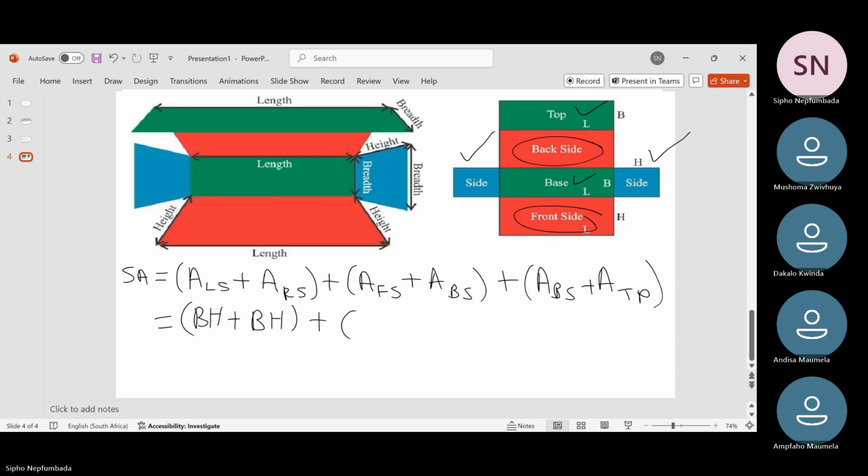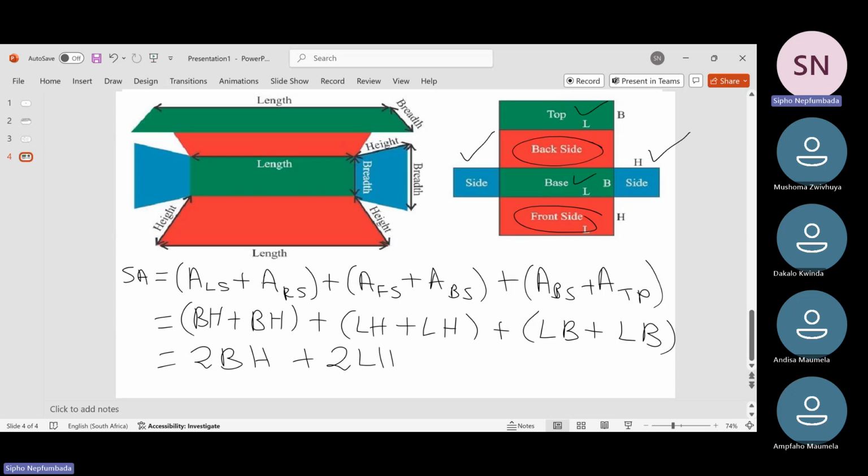The area of the front side is L times H. Plus again L times H. Then plus the back side, L times B. Plus L times B. Then in mathematics this is 2BH plus 2LH plus 2LB.